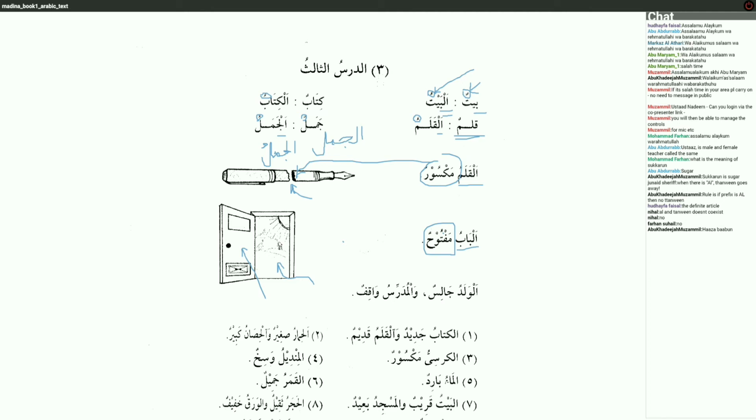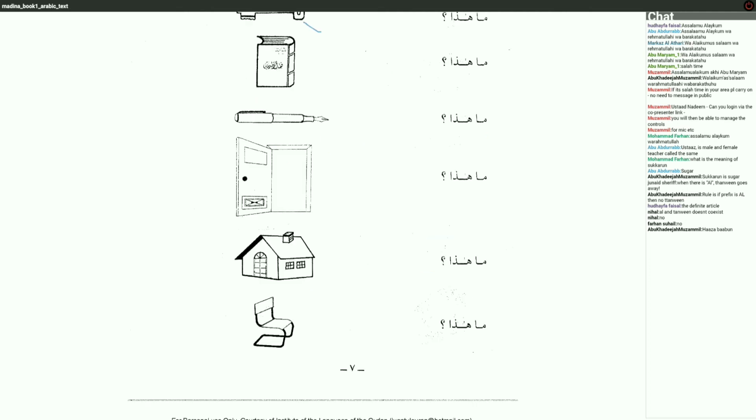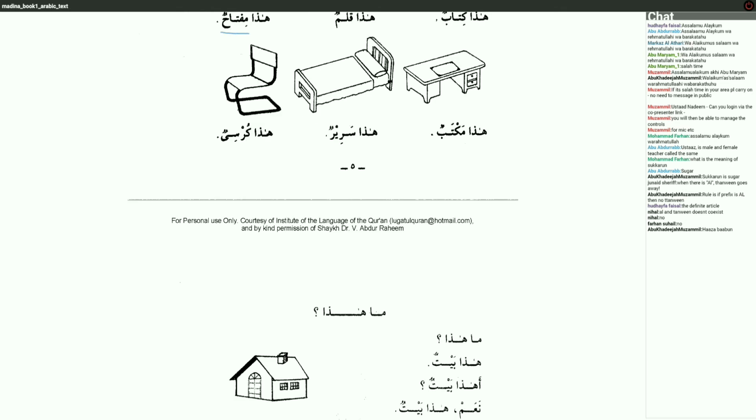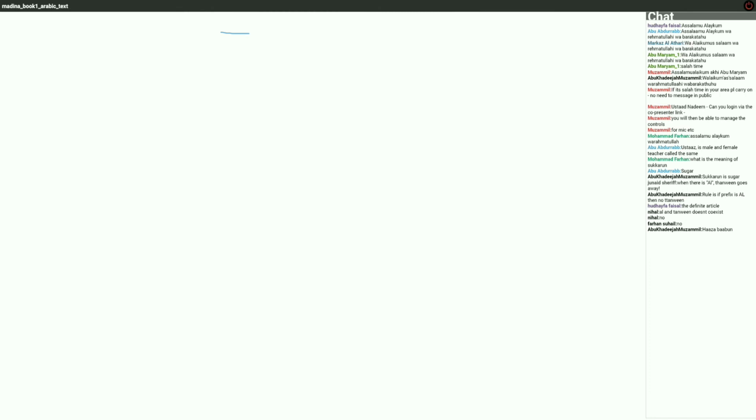Let's go to that word quickly. What is this? This is a key. Well done. This is a key, miftah. And the word we have now has a fatha on the mim, not a kasra.